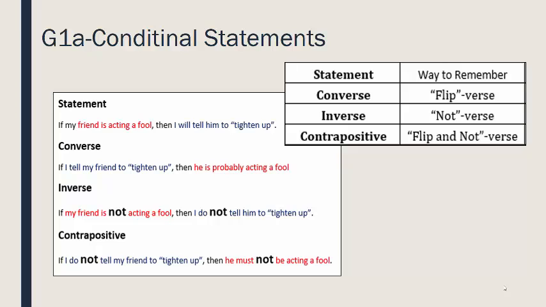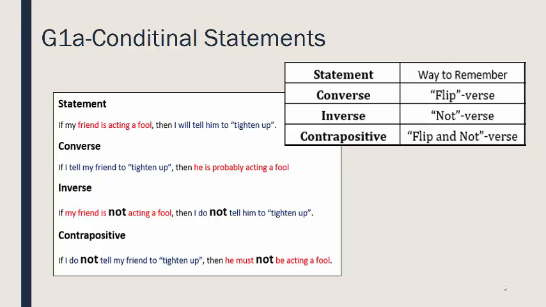So here's an example. A lot of people use the phrase "tighten up," and I didn't really understand what that means, but now I sort of do, so I'm going to try my best here. If my friend is acting a fool, then I will tell him to tighten up.